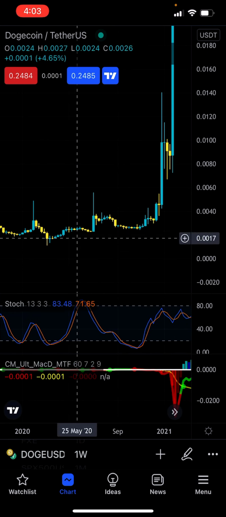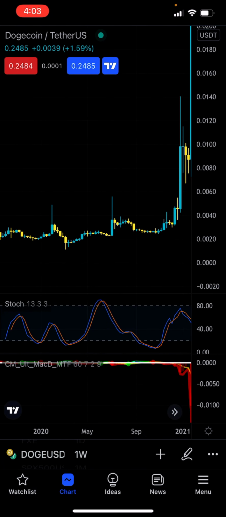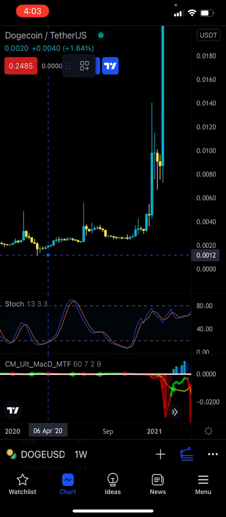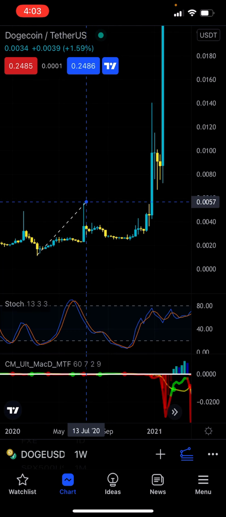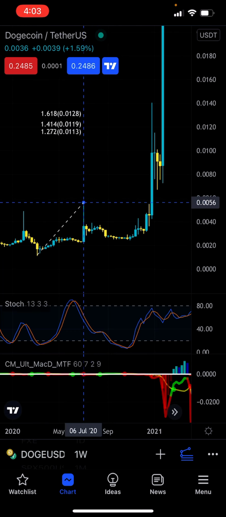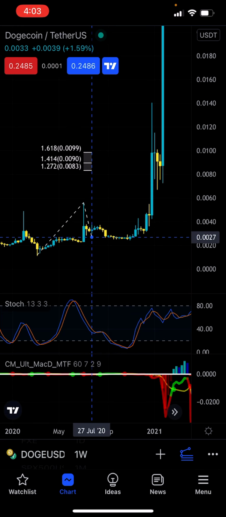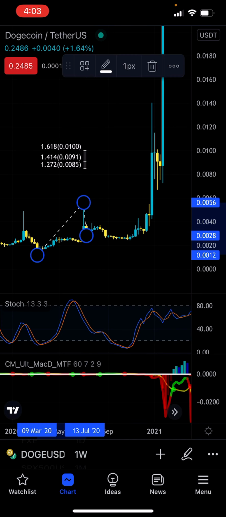So something like right here, it would still work, but it's just trading sideways. It's not really going anywhere. What we can do is test it. So we'll do relative low right here, high, and then the next low, which is right there.